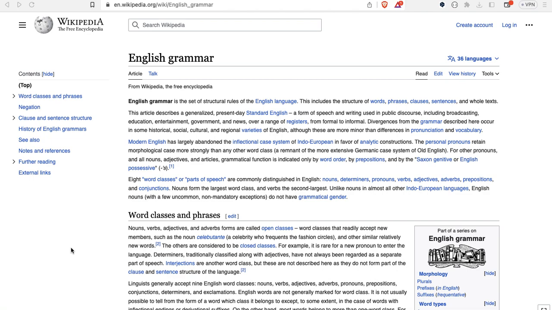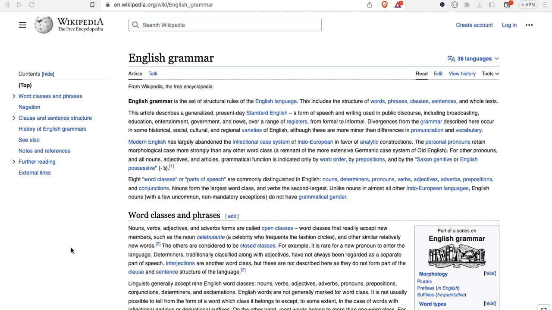For other pronouns and all nouns, adjectives, and articles, grammatical function is indicated only by word order, by prepositions, and by the Saxon genitive or English possessive 's. Eight word classes, or parts of speech, are commonly distinguished in English: nouns, determiners, pronouns, verbs, adjectives, adverbs, prepositions, and conjunctions.